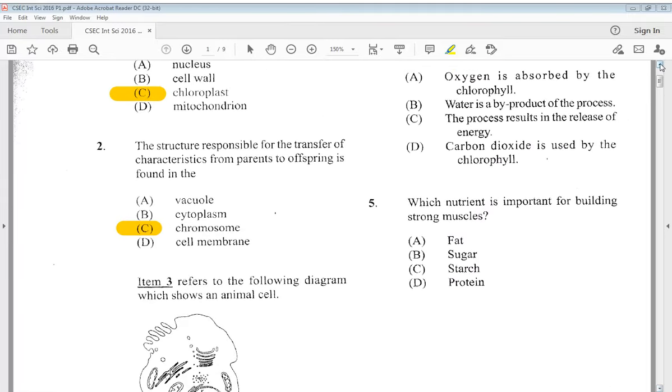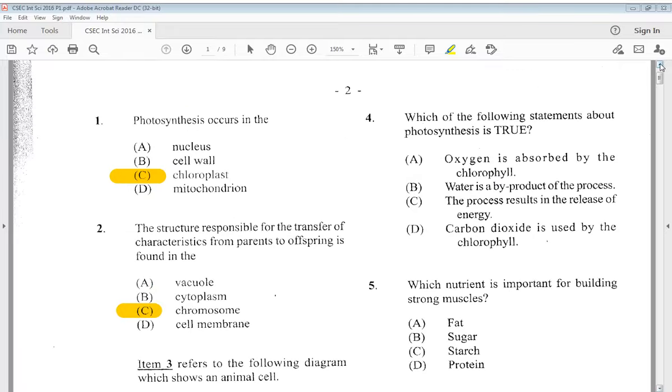Let's go to question number 4. Let's get ready for the exam. Which of the following statements about photosynthesis, quite a lot of questions on that, is true? A, oxygen is absorbed by the chlorophyll. B, water is a byproduct of the process. C, the process results in the release of energy.